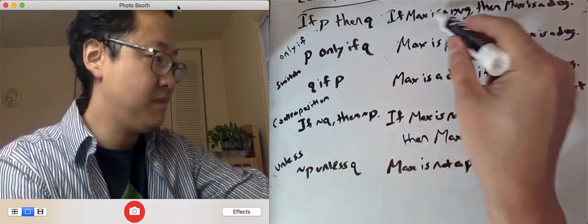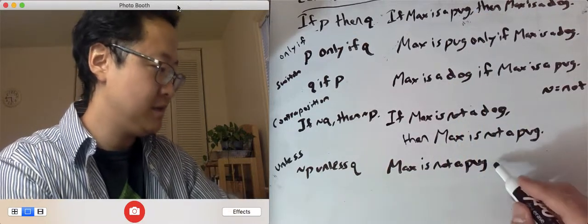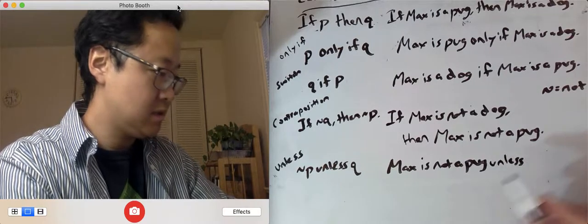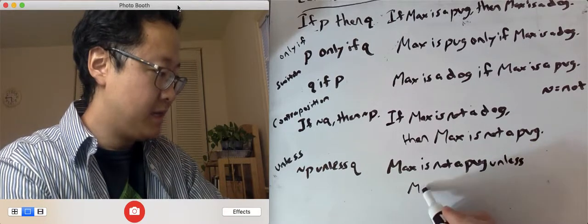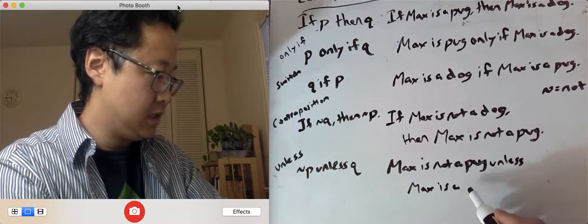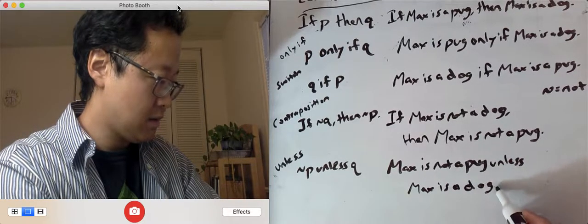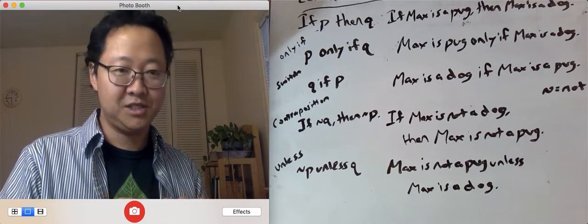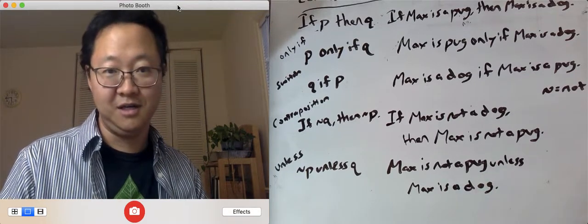Remember, P is Max is a pug, so Max is not a pug unless Max is a dog. Which makes sense. Something's not a pug unless they're a dog.